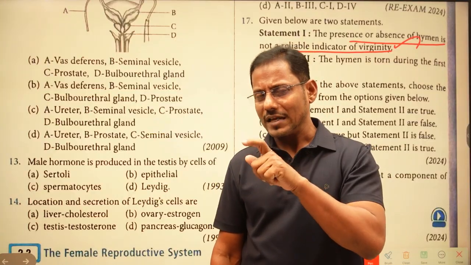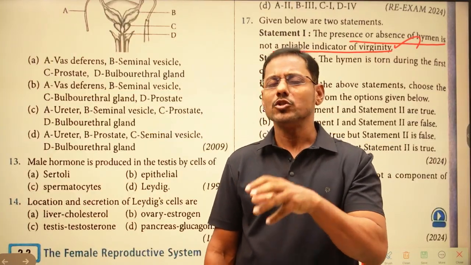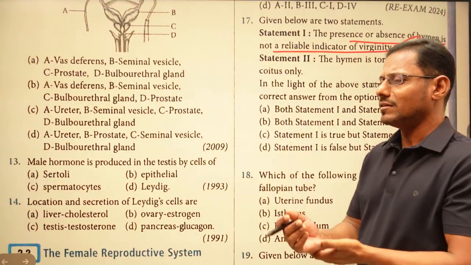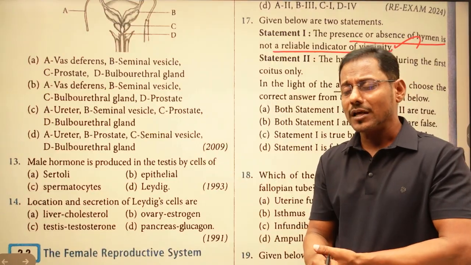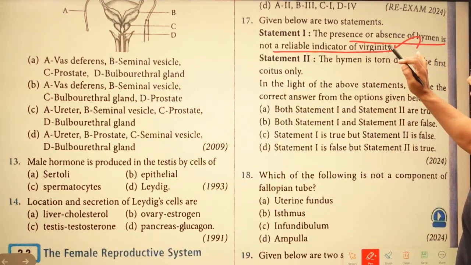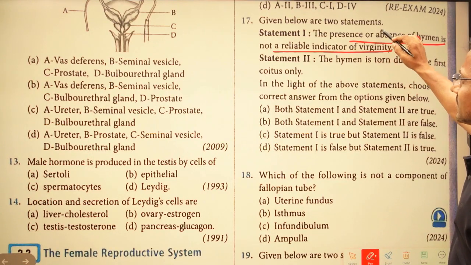Tampons means cotton-like structures which can be inserted in the vagina to absorb the blood. When they are inserting the tampons, that time also sometimes the hymen may be broken, right? So this is not a reliable indicator of virginity. This is the right statement.